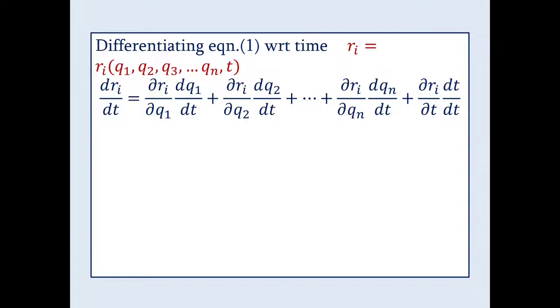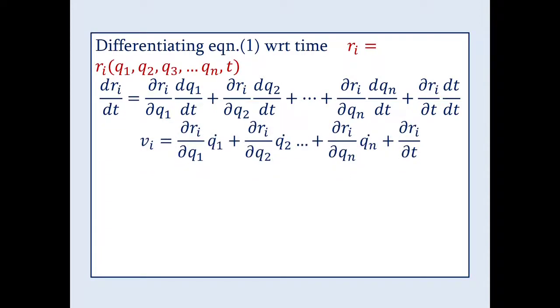Using the chain rule, dri by dt will be equal to dou ri by dou q1 into dq1 by dt plus dou ri by dou q2 into dq2 by dt plus dou ri by dou qn into dqn by dt plus dou ri by dou t into dt by dt. So this is expanded using the function of a function rule. In the last term, dt and dt will get cancelled.